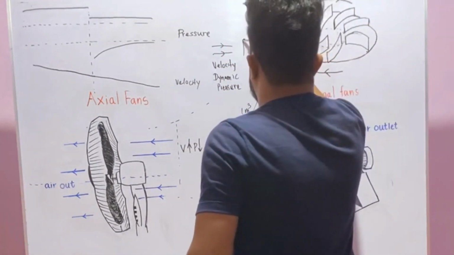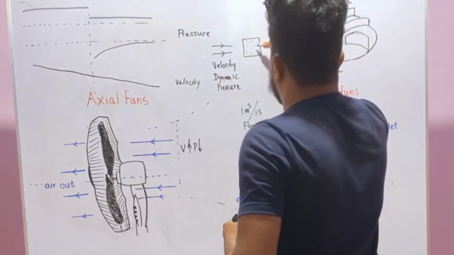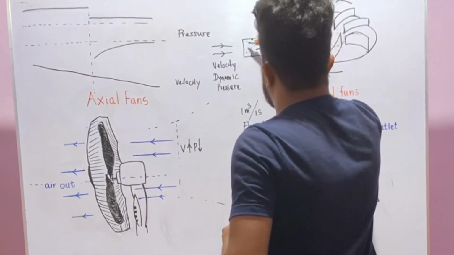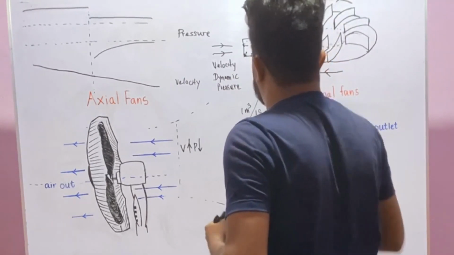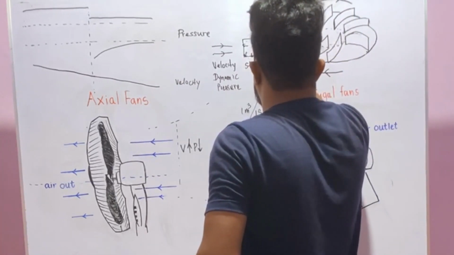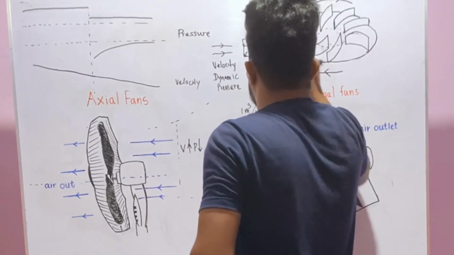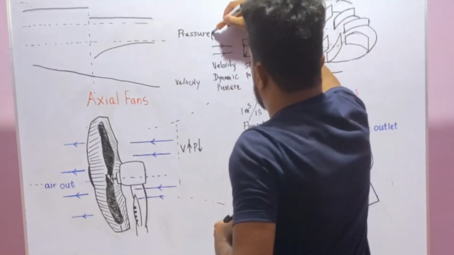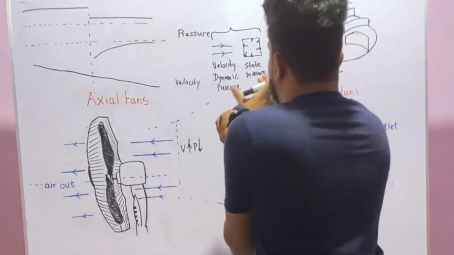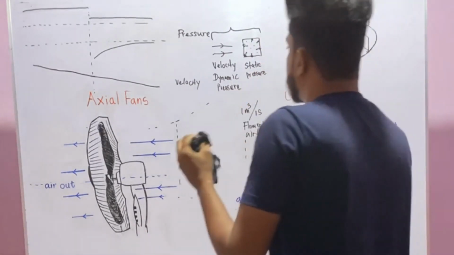The other one is, let's take a container with some air molecules. That air molecule pushes the wall like this, and the pressure that the wall feels would be static pressure. So total pressure, or the total energy, consists of these two types, static pressure and dynamic pressure.